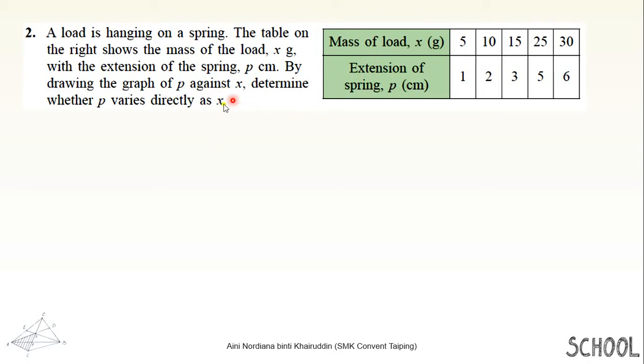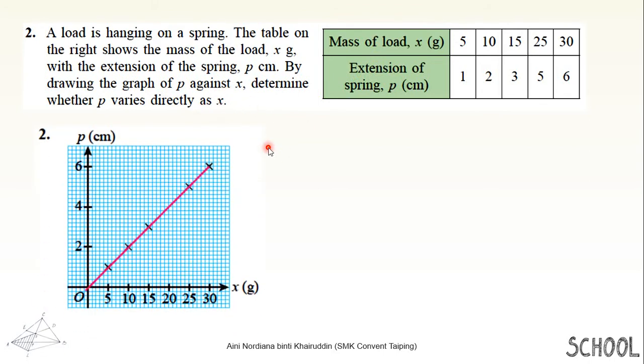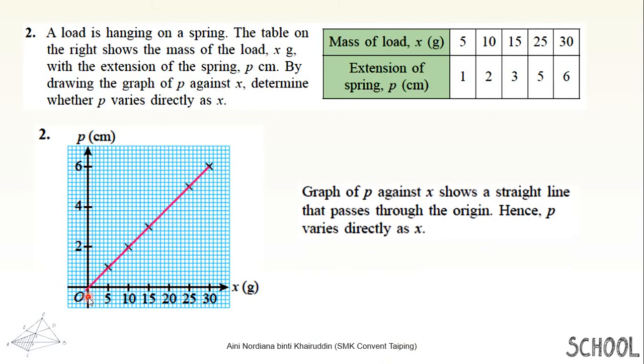For this question, you have to draw a graph. Once you complete your graph, you can see that this is a straight line passing through the origin. So we can conclude that the graph of P against x shows a straight line that passes through the origin. Hence, P varies directly as x.